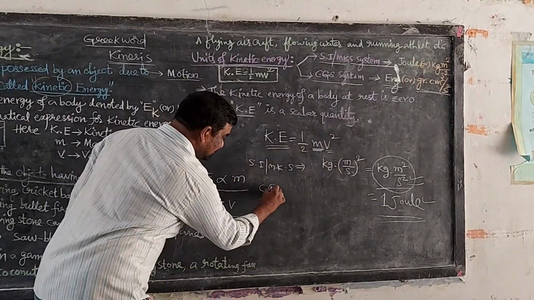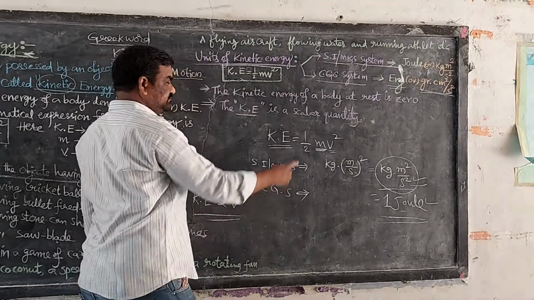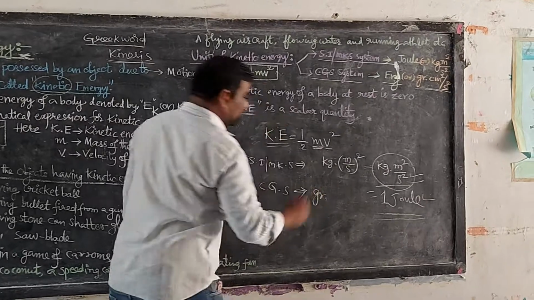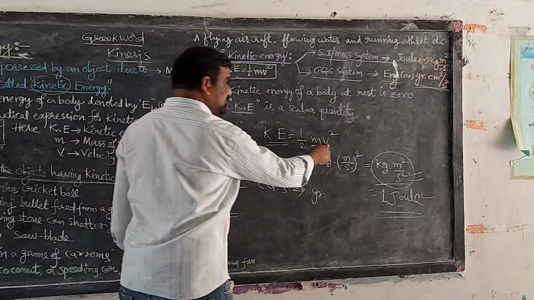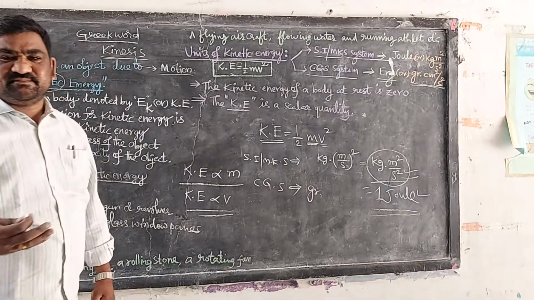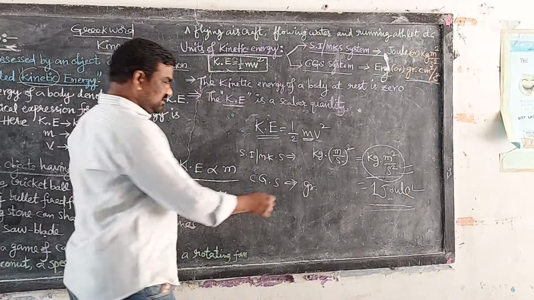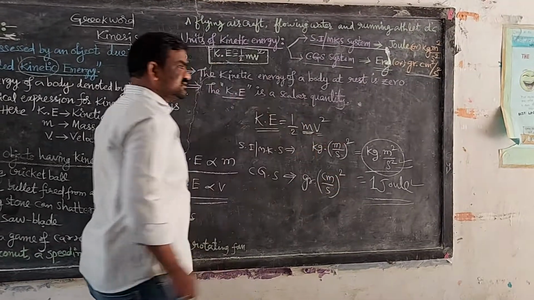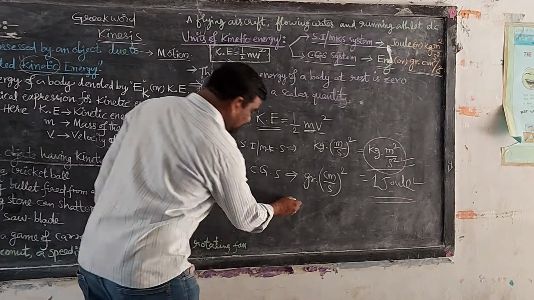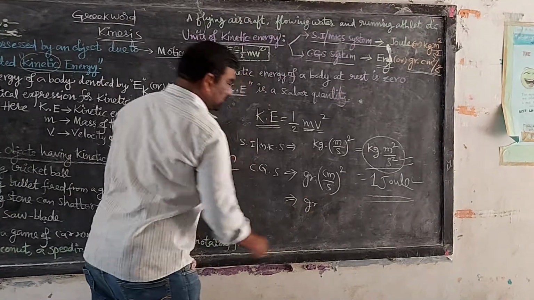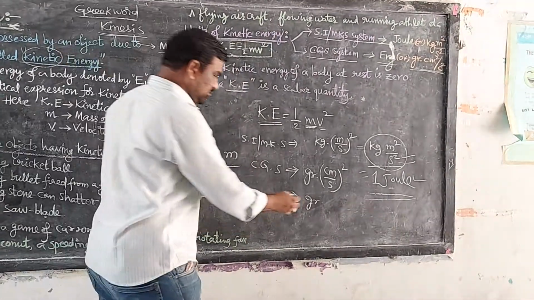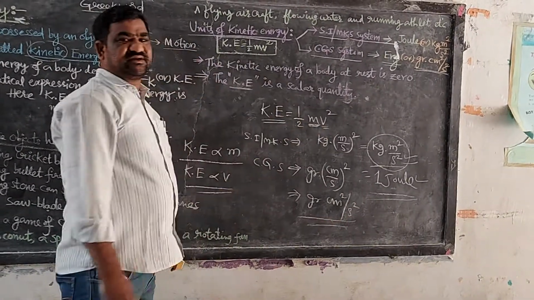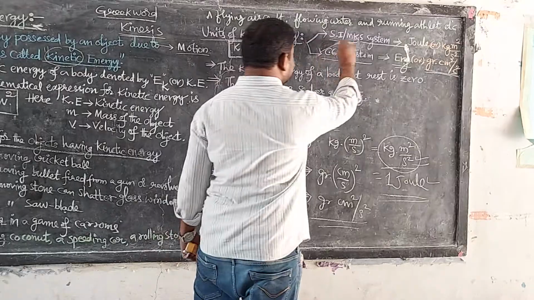So if you take the CGS system, the unit of mass is gram. The unit of velocity is centimeter by second. So that's why we can write centimeter by second square. Why? Because here v square is there. So gram into centimeter square by second square is another unit of kinetic energy in CGS system.